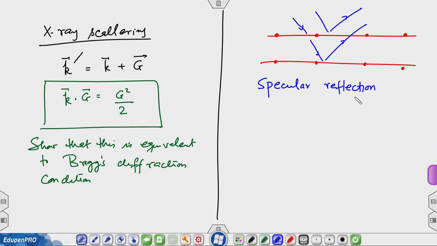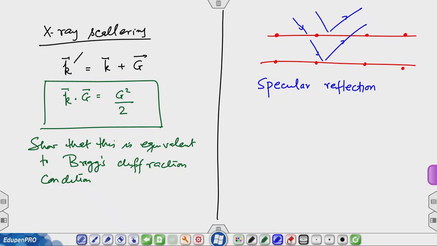Specular means mirror like. And then you ask at what angle do they interfere constructively. This is a way of interpreting the condition that we have derived, and we want to show that the two are equivalent.